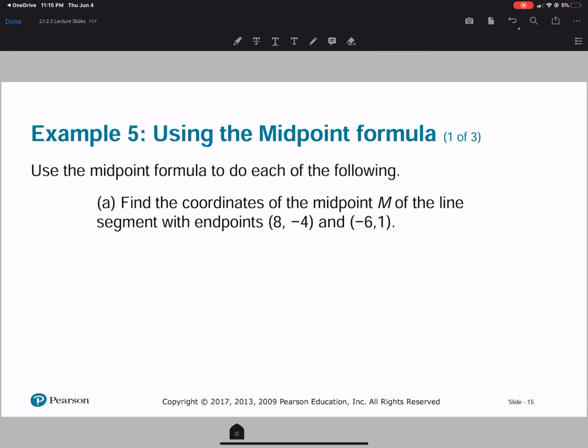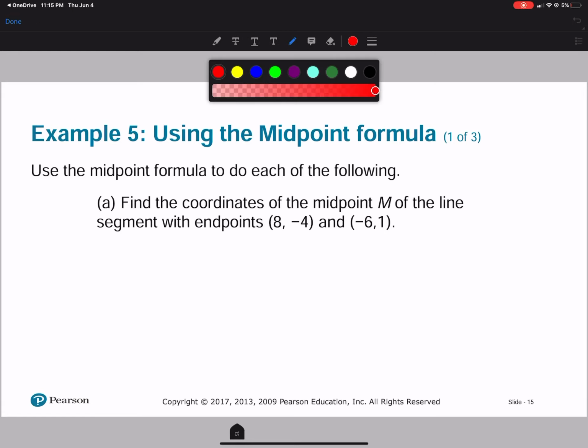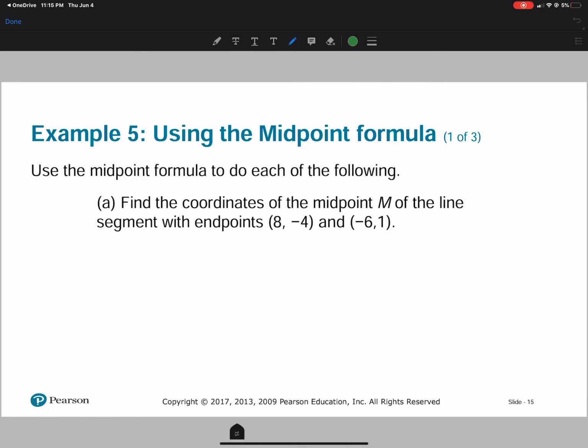So it says find the midpoint that lies with the two endpoints, (8, -4) and (-6, 1). Therefore, M is equal to 8 plus -6 all over 2, then -4 plus 1 over 2.